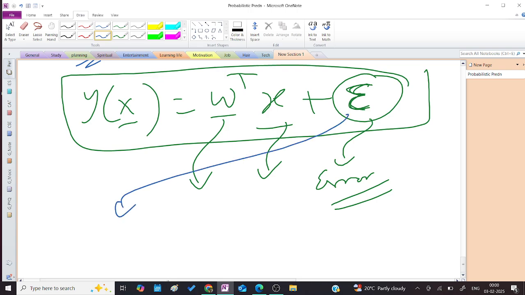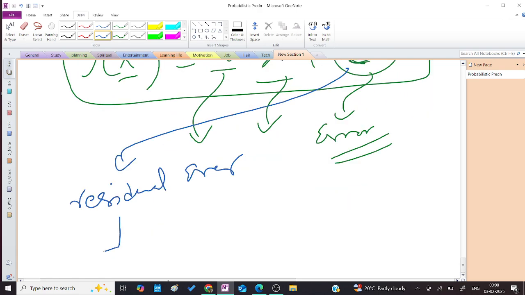The feature of e is that we normally take it as a residual error, and it is represented as a Gaussian distribution with mean equals mu and standard deviation equals sigma. Okay.